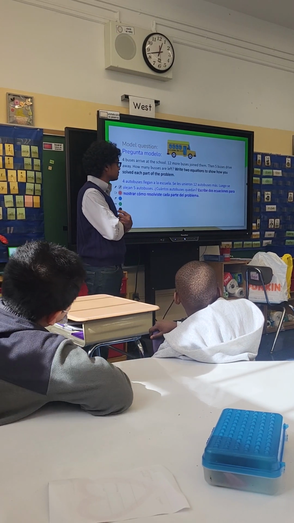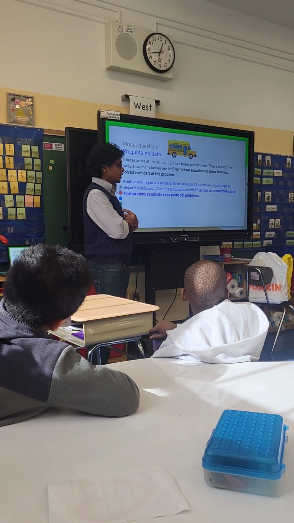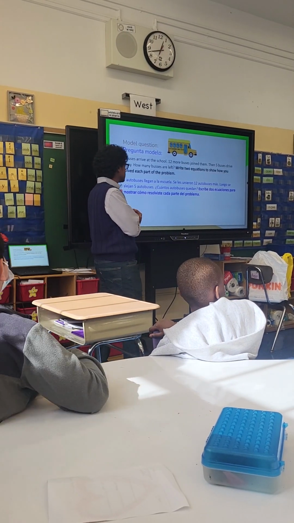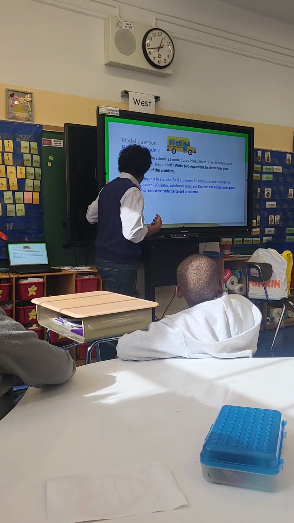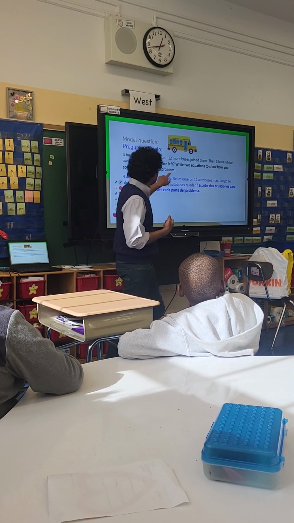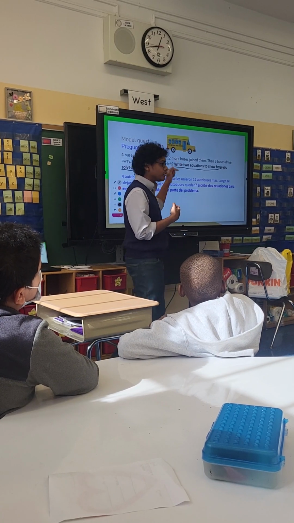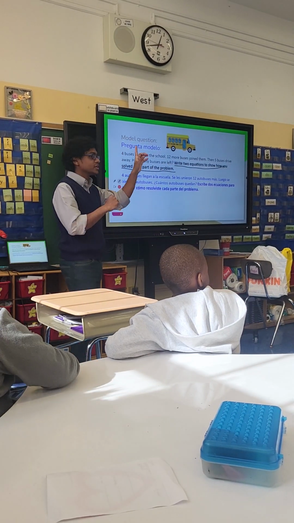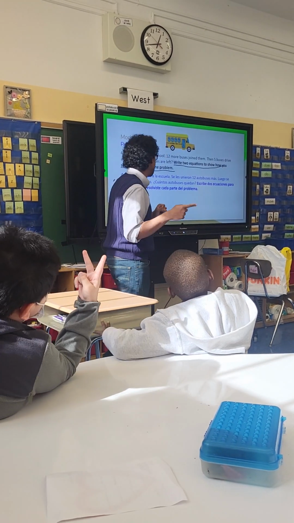How many buses are left? Write two equations to show how you solve each part of the problem. So I made this part in bold, because this is what we're going to be doing today. Instead of using one equation to solve the problem, we're going to be using two, like Jasmine said.